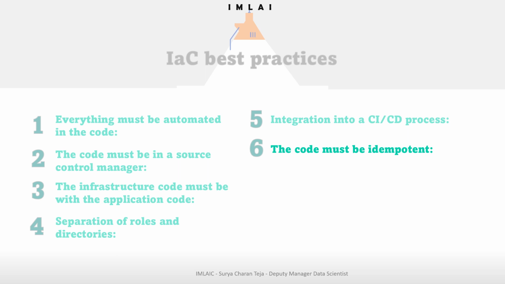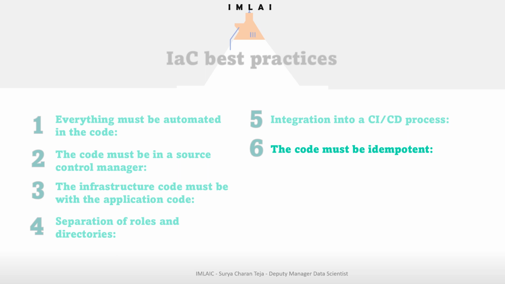We will see that declarative languages such as Terraform take on the aspect of idempotence natively. The code of the infrastructure, once fully automated, must allow the construction and complete destruction of the application infrastructure.